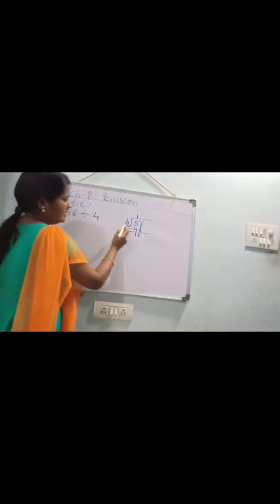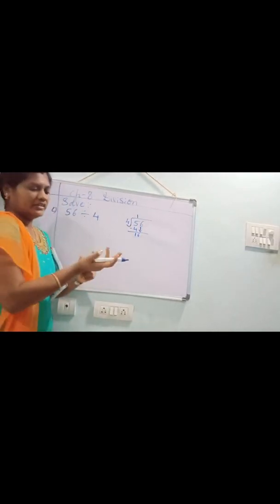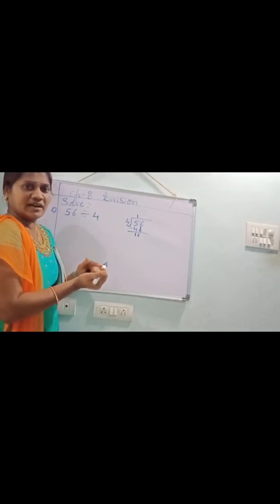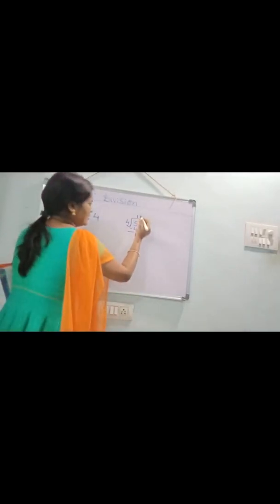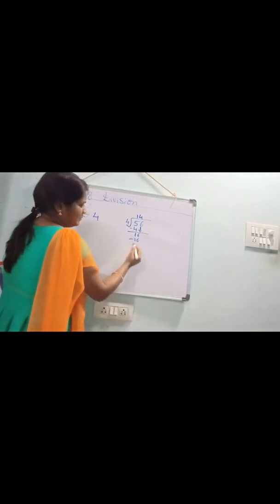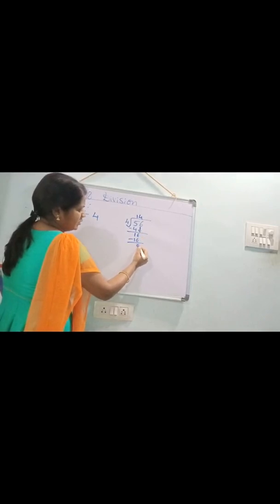Now say the table. 4 ones are 4, 4 twos are 8, 4 threes are 12, 4 fours are 16. 16 minus 16. 6 minus 6, 0. 1 minus 1, 0.